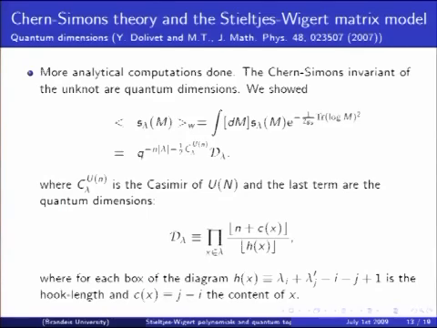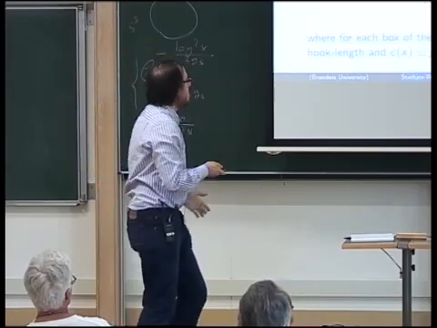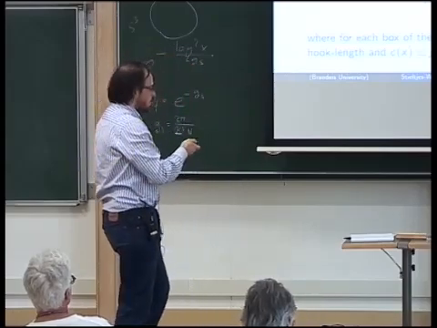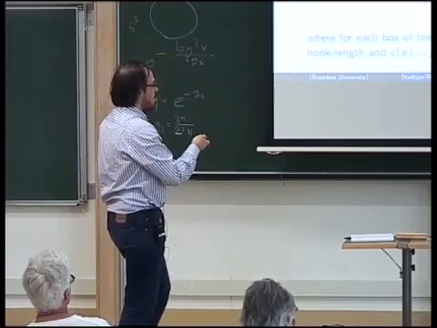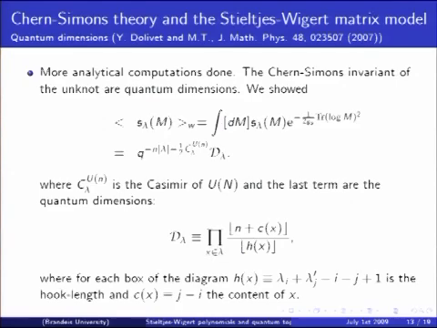They are called quantum dimensions because they are the Q-deformed version of the dimension of a representation of the gauge group. We also have integral random matrix-like expressions for this case when you have a circle in your path integral, and then the Stieltjes-Wigert model gets modified by the introduction of a Schur polynomial here.